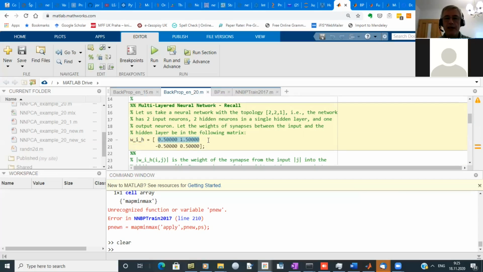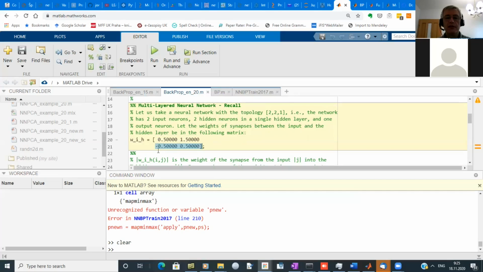So here always one row of the weight matrix contains weights for the connections, called synapses, leading to a single neuron. So the weights 1/2 and 1.5 are weights for the first hidden neuron. We have a single hidden layer in the model. And the second row are weights for the second hidden neuron.